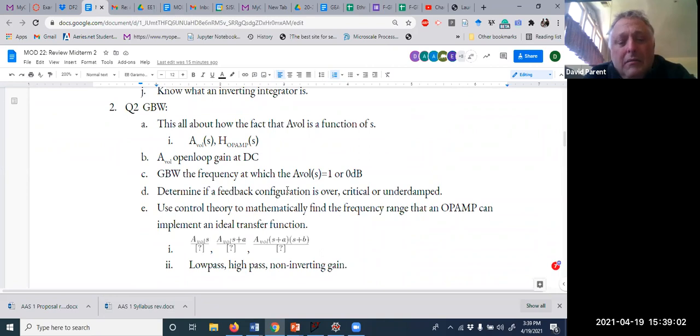I don't want to jinx it, but I feel that people tend to do fairly well on the gain bandwidth questions. Sometimes, though, there's a little bit of confusion, or I'll say do it graphically and then you do it mathematically. If I'm asking for a particular method, it's because I'm trying to test a particular thing.